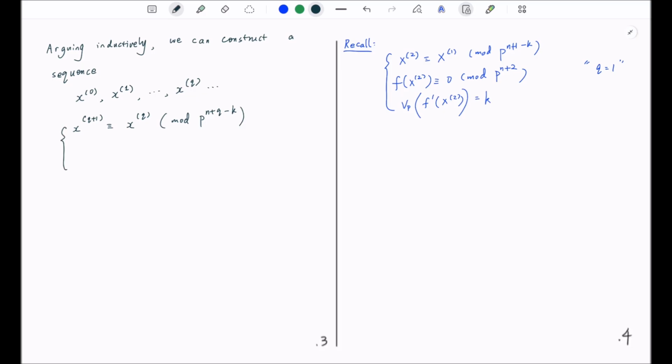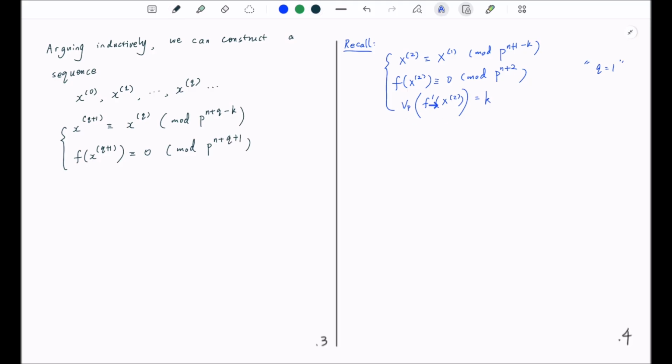And the second one is f of x^(q+1) is congruent to 0 modulo p to the power n plus q plus 1.